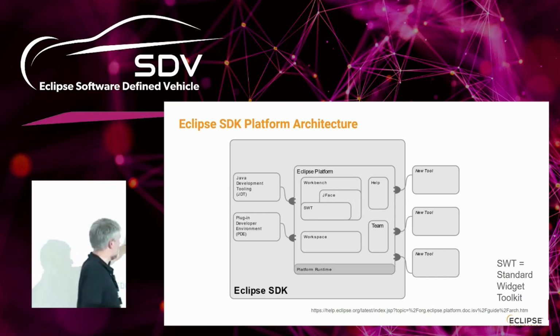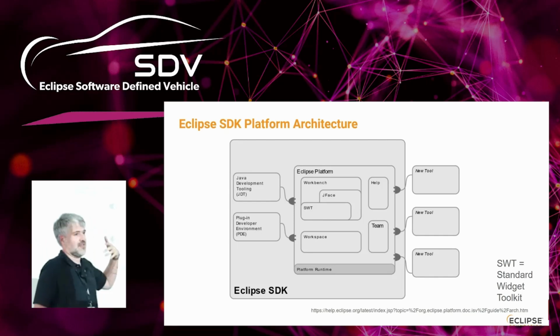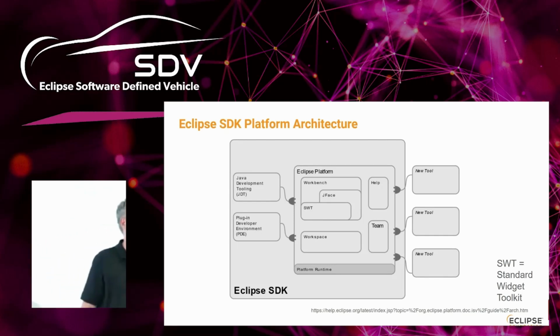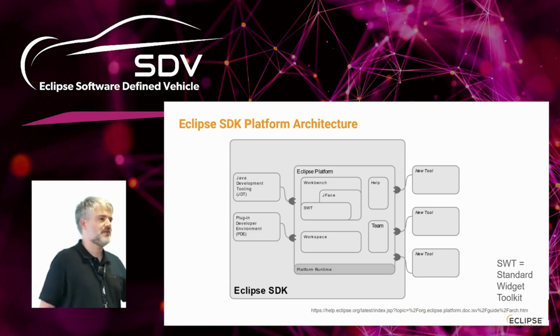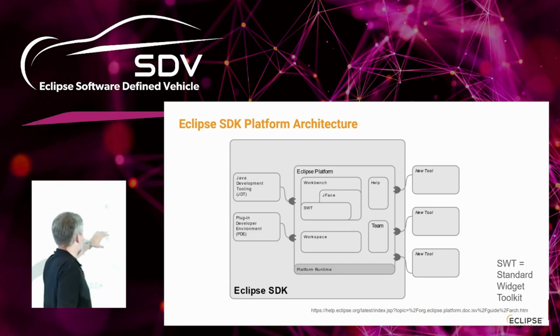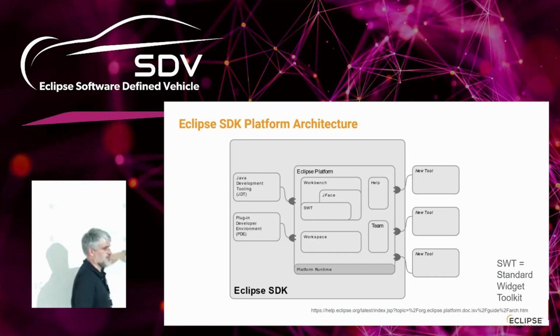It's a platform runtime as a workspace. I would like to highlight the standard widget toolkit by name because it's what relies on the connection to the user interface, which is down there. And what I've shown you is the Java development tooling and the plugin development tooling. So it's for the extension mode, and we added several tools. And that's a possibility you have if you start a new project.